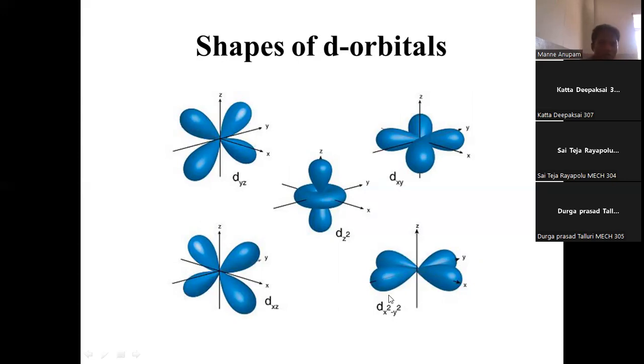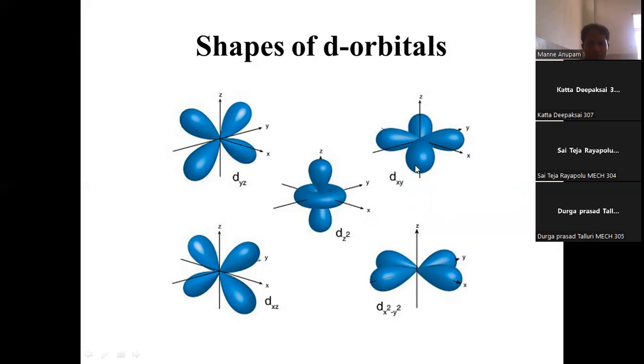We are seeing it clearly. Only this one is not a proper double dumbbell, but the rest are all double dumbbell shaped.